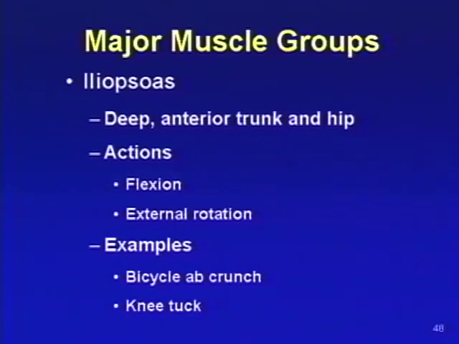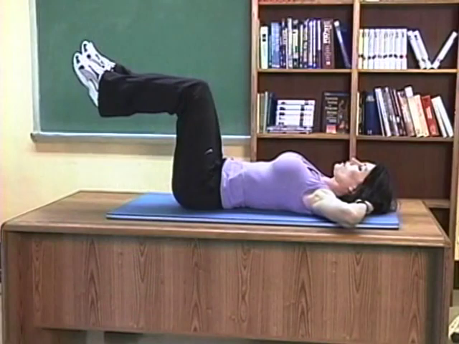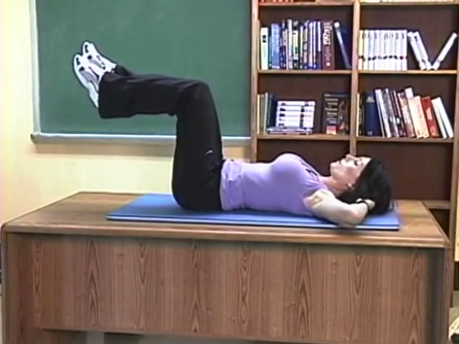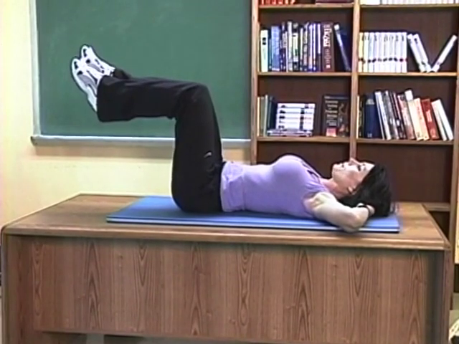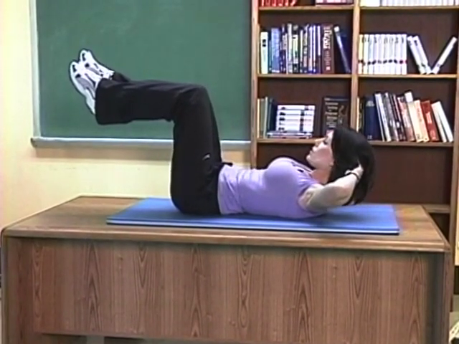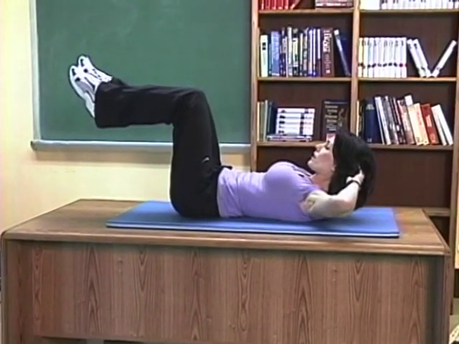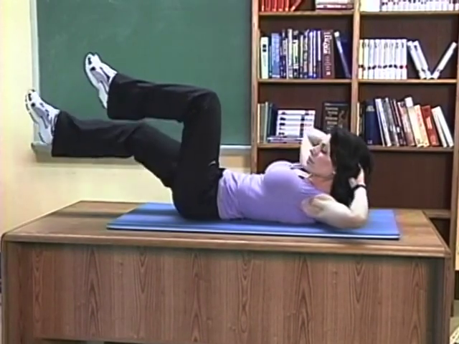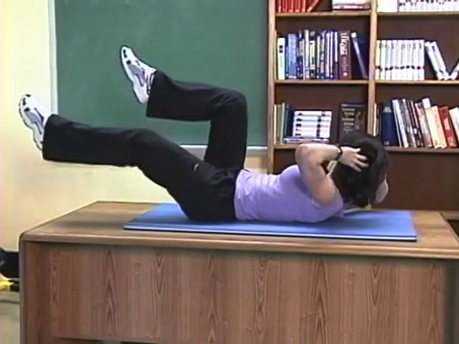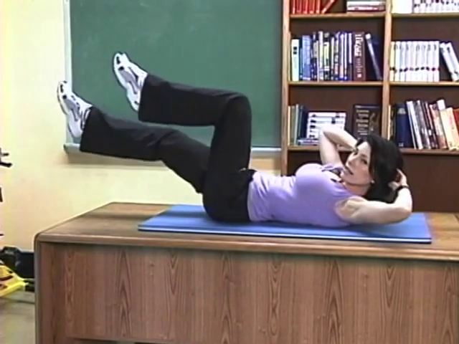Exercise examples that call into play the iliopsoas include the bicycle abdominal crunch, as well as a knee tuck. To perform the bicycle abdominal crunch, you're simply going into a bit of spinal flexion and then adding rotation with the legs extending out.